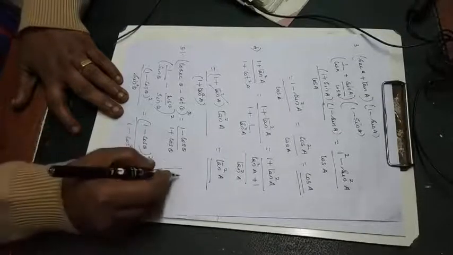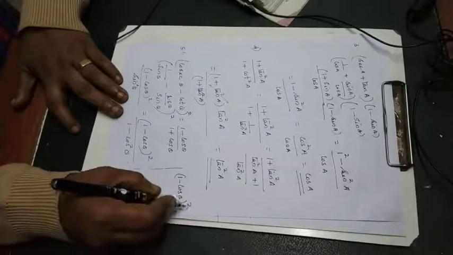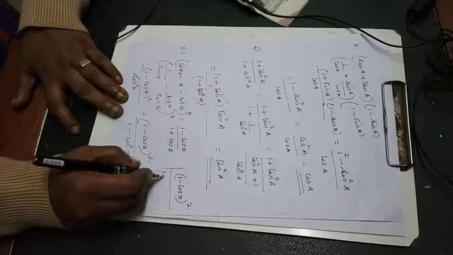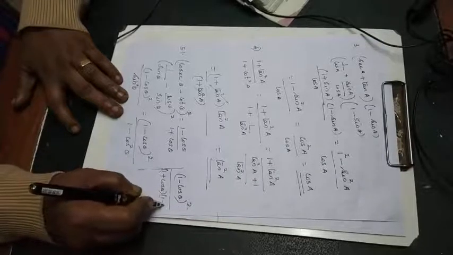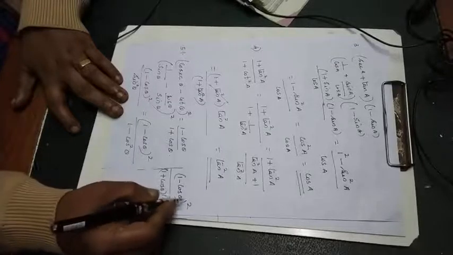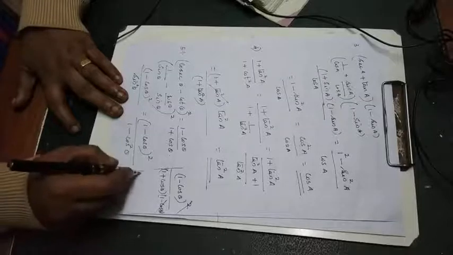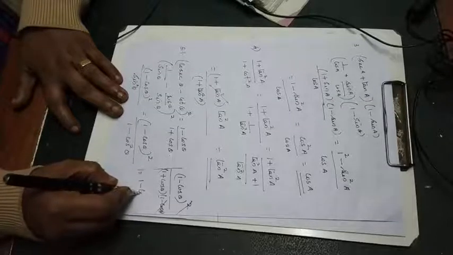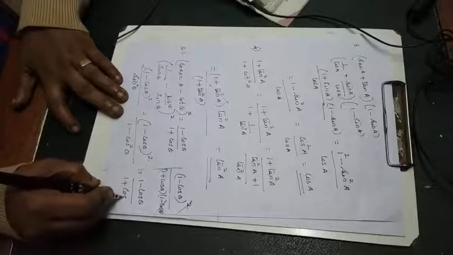So you will get 1 minus cos theta the whole square by 1 plus cos theta into 1 minus cos theta. Now 1 minus cos theta you can cancel. So you will get 1 minus cos theta by 1 plus cos theta.